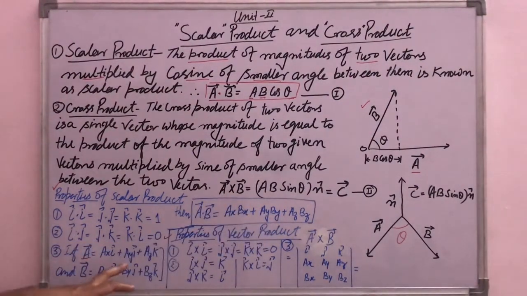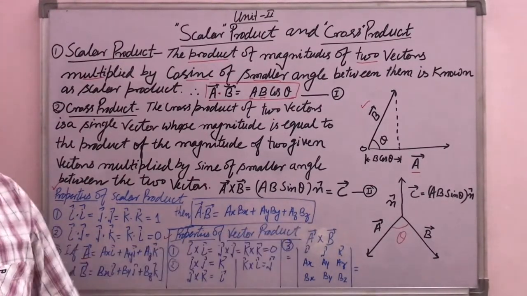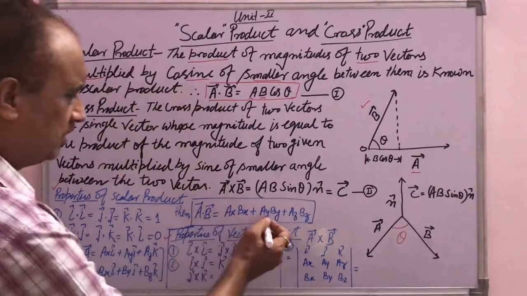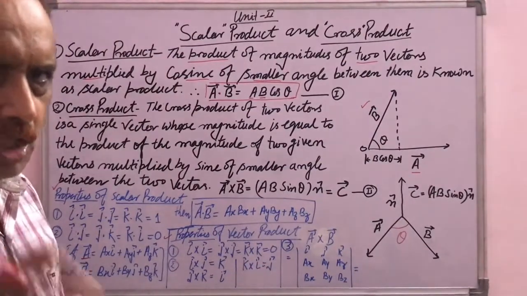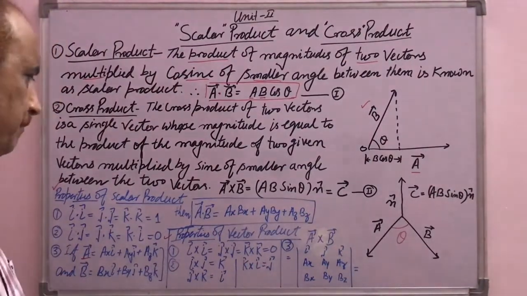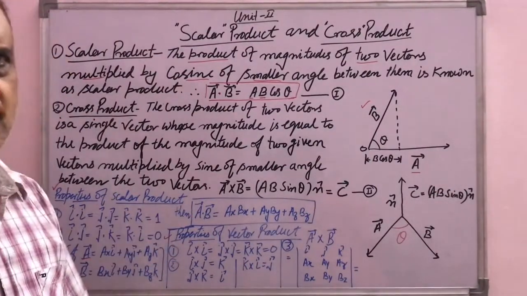And the third term is when Az and Bz are multiplied under the dot product, k dot k is equal to 1, so again you get AzBz, the third term. So AxBx plus AyBy plus AzBz is the dot product of the given two vectors. These are the three main properties of the scalar product.